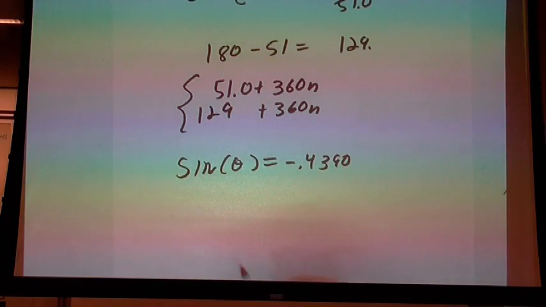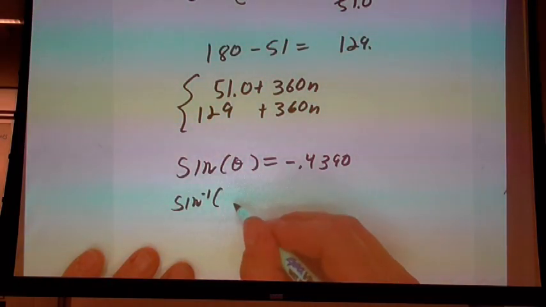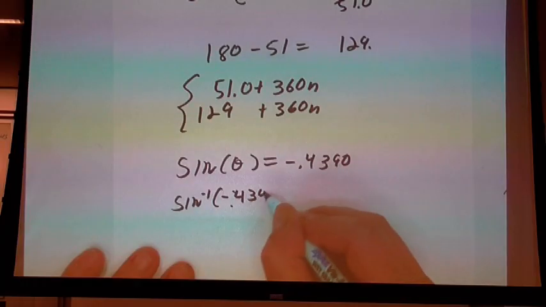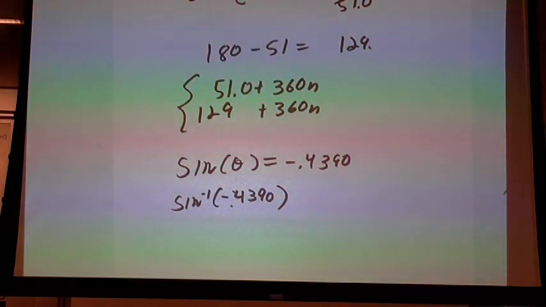So what we want is inverse sine of negative 0.4. And then the angle that goes, so now we have to take a look on our chart. Sine inverse, the domain is -1 to 1, so that should work.